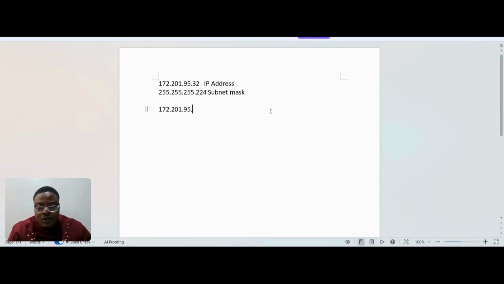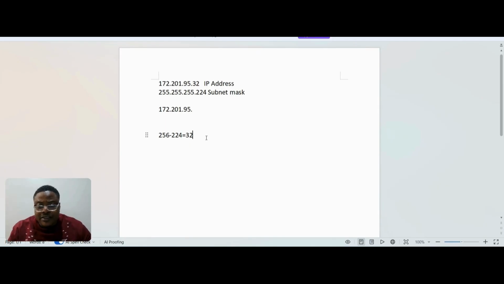Then here is not the same. You have 224. The formula to get this is 256 minus the funny subnet, which is 224. So 256 minus 224 is 32.